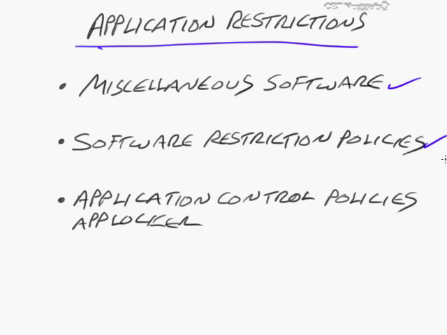They work across all current versions of Windows, and are fairly effective, but certainly not bulletproof, and they do have some failings, one of which is if the hash signature changes for a specific application, it won't really work anymore. But that can be somewhat mitigated by application control policies, also known as AppLocker, which are very effective and also allow you to discriminate between various users and groups in terms of who the restrictions will apply to.